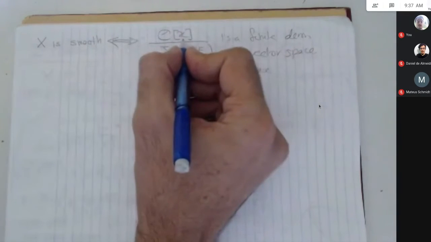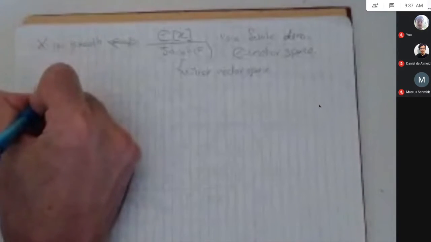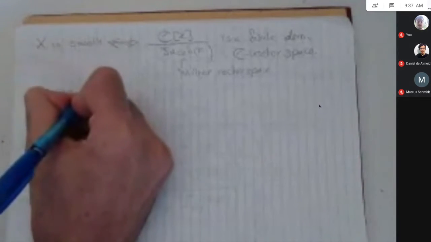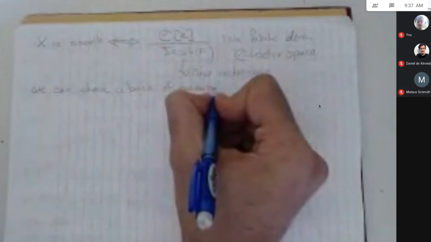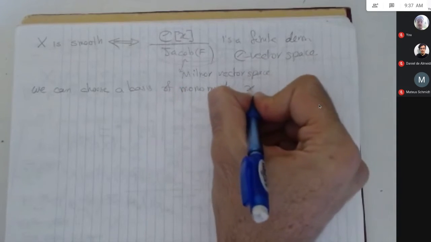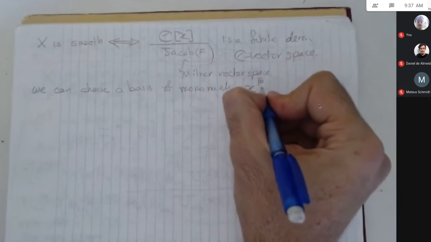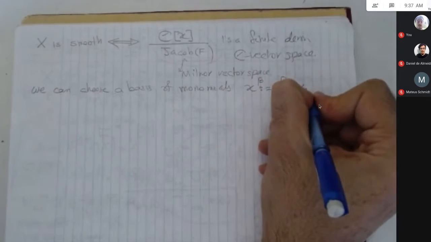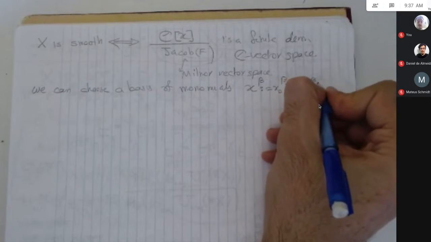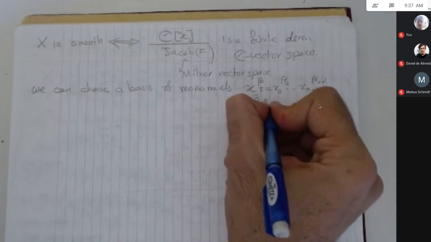finite dimensional. Since polynomials are generated by monomials, we can choose a basis of monomials, let's say X^beta. This is the abbreviation for X0^beta0, and so on, up to X_{n+1}^beta_{n+1}, for some set.